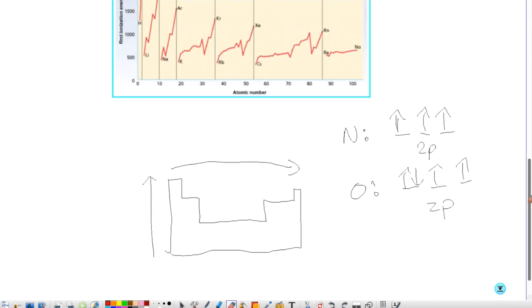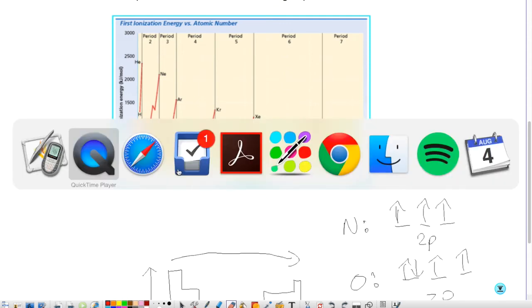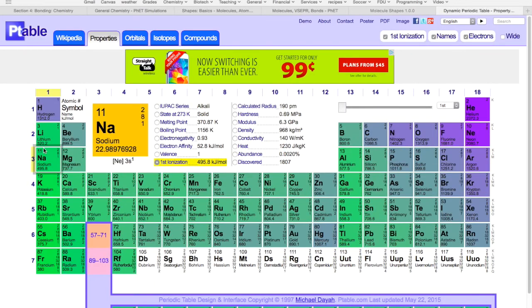The last thing that I want to talk about here is rationalizing why these trends happen. So if I go back to the p-table, for instance, why would it take more energy to remove an electron from lithium than from sodium? Well, lithium is smaller, the electrons are closer to the nucleus, so they feel more of the positive charge. So it's going to be harder to take them.